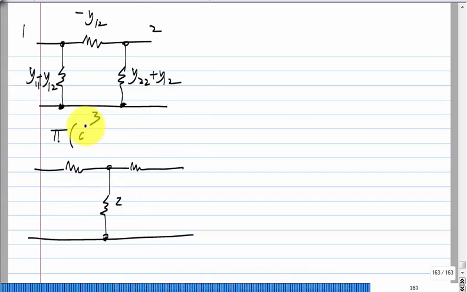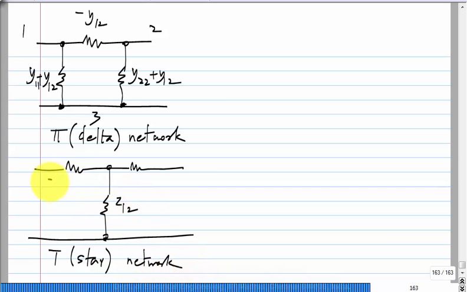This pi, which is also known as the delta network, is the same as the T or the star network.